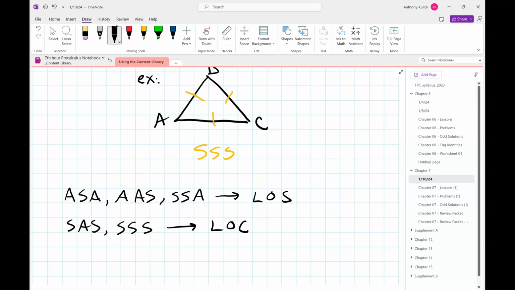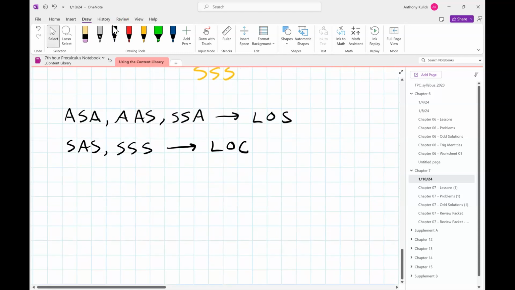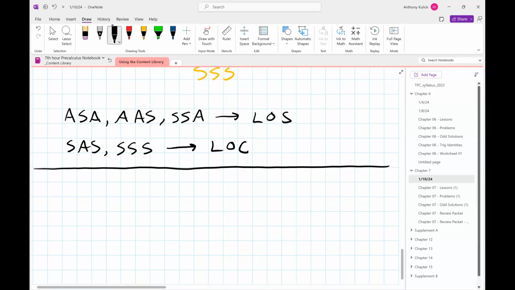For the SAS and SSS situations, we're going to be using law of cosines. Now, if we were in the honors class or whatever, we would derive the formulas for the law of sines and law of cosines. We're not going to do that in here. I'm just going to state the formula, and then we're going to move on and practice using it.